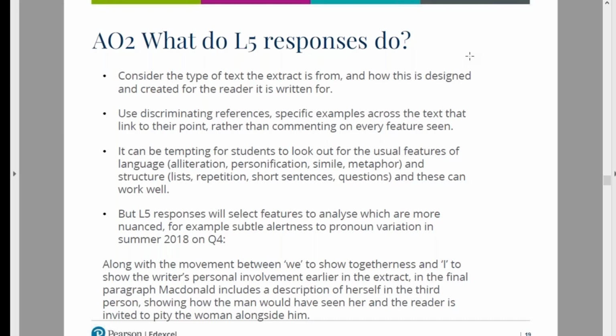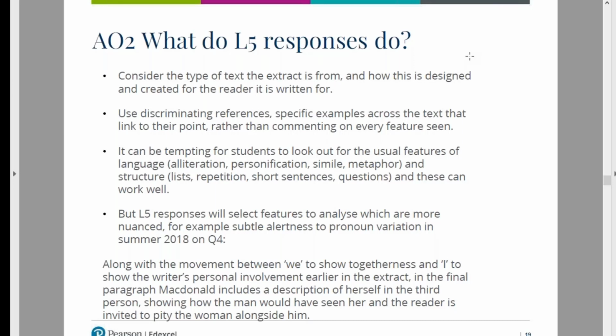Along with the movement between we to show togetherness and I to show the writer's personal involvement earlier in the extract, in the final paragraph, MacDonald includes a description of herself in the third person, showing how the man would have seen her, and the reader is invited to pity the woman alongside him.